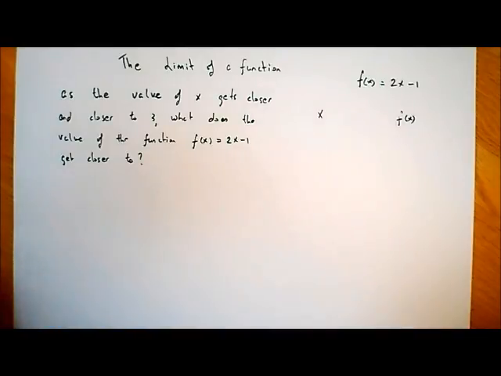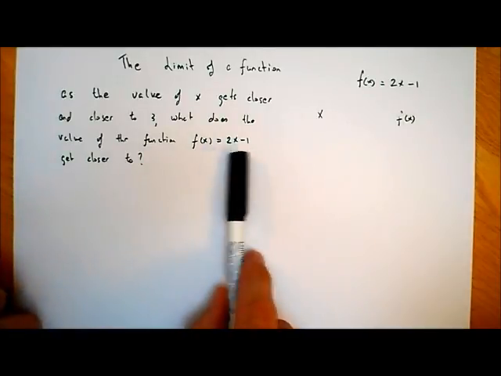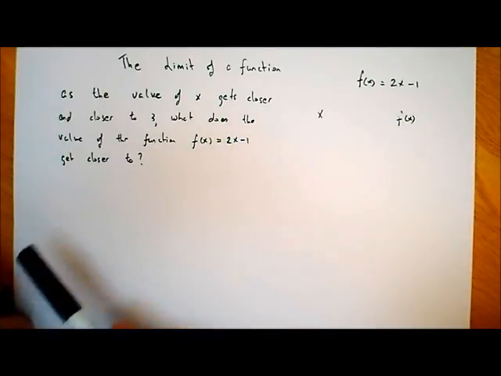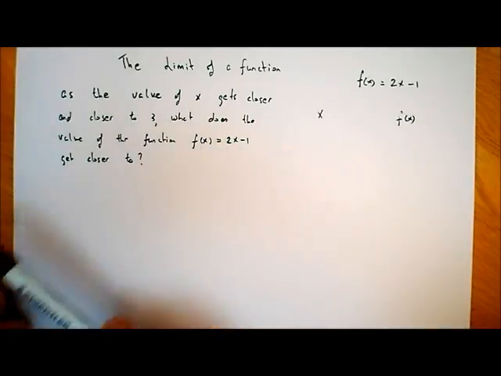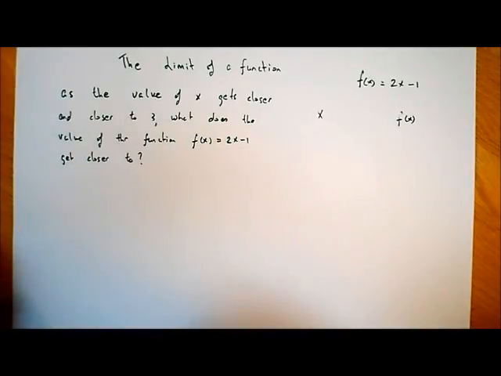We could get closer to 3 from both directions. And we're going to have a look at what happens to the value of 2x minus 1 when the values of x get closer to 3. So I think when we do the example, it'll make a little bit more sense to you.